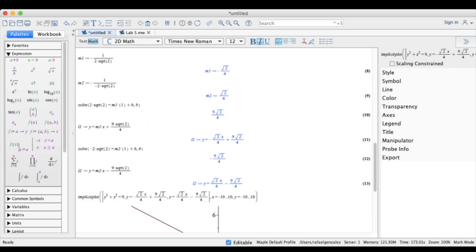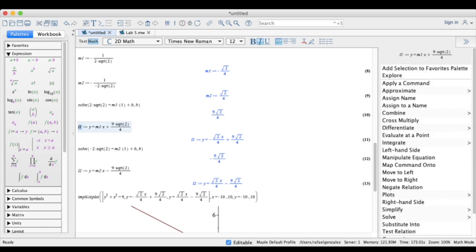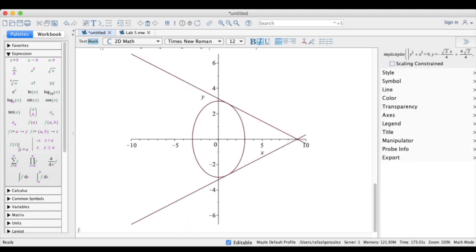Now, I went through all the work of actually defining my tangent lines as L1, L2, and my circle as F. So I could have just used those variables as well.